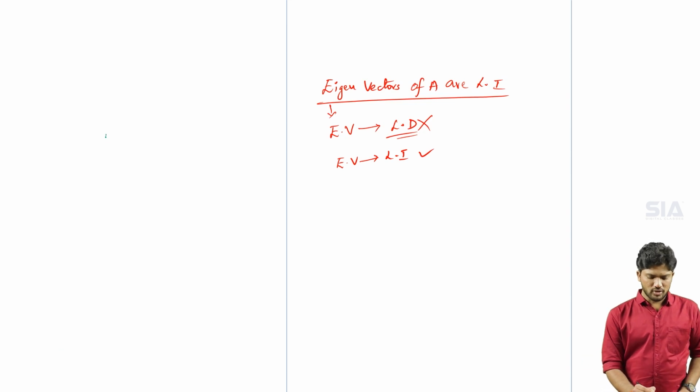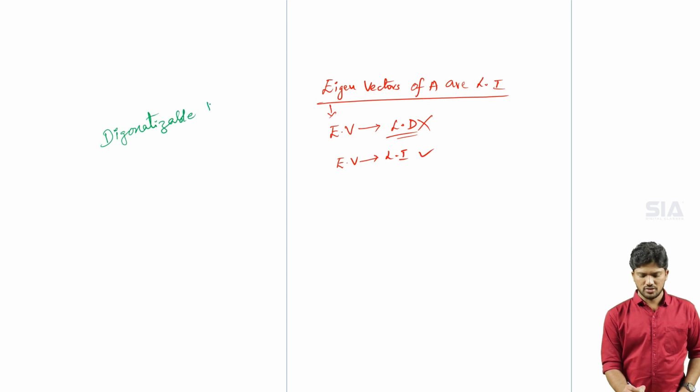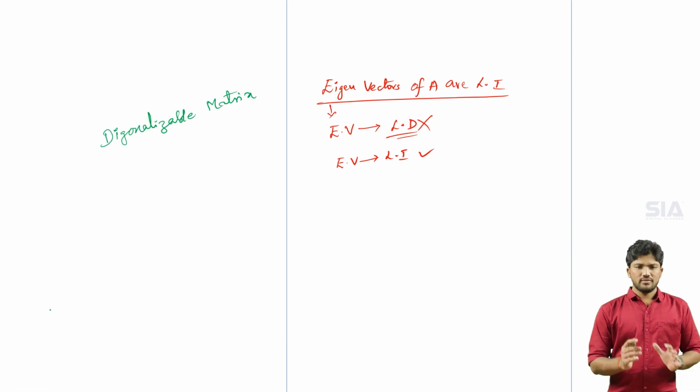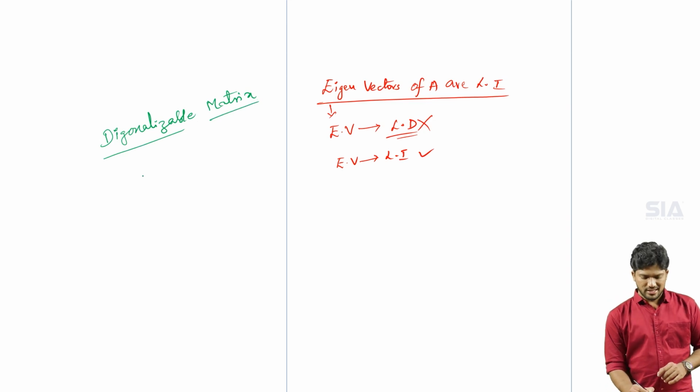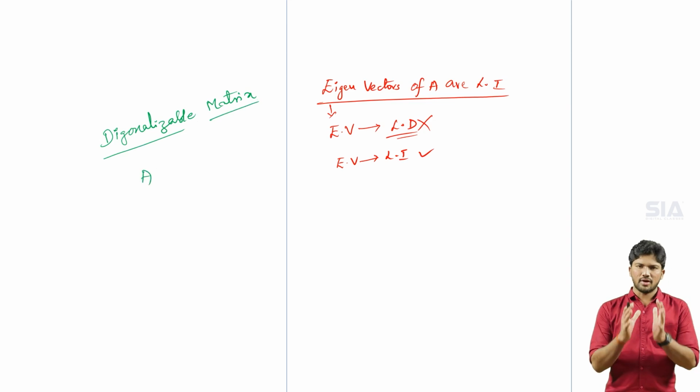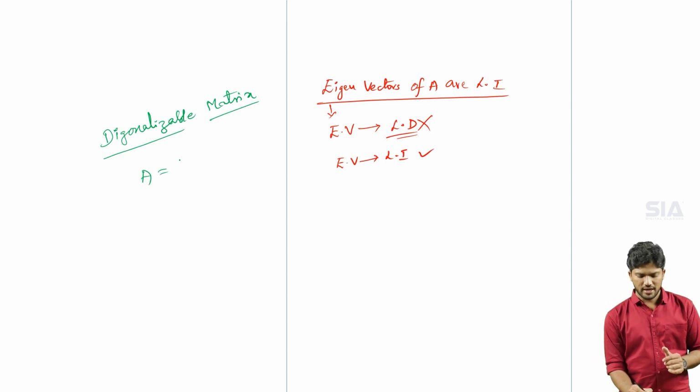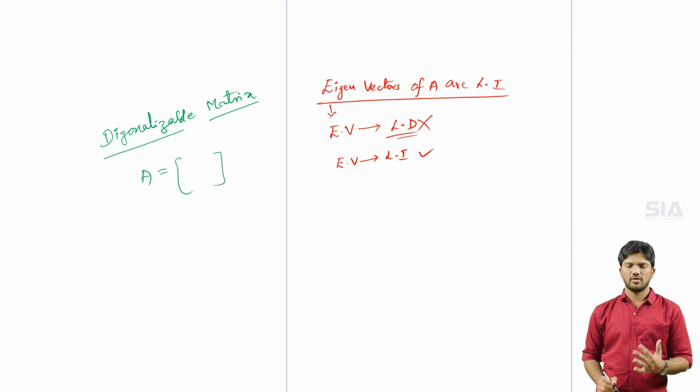Whenever we are discussing diagonalizable matrices, students should remember that capital A will be given in the problem only, with some order: 3 by 3, 2 by 2, 4 by 4, whatever it may be.